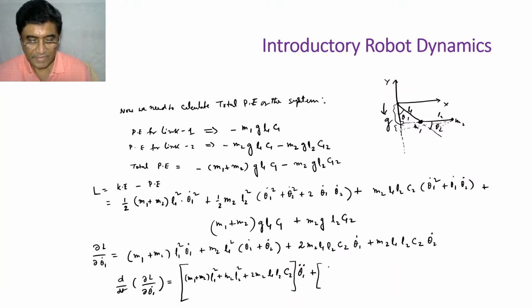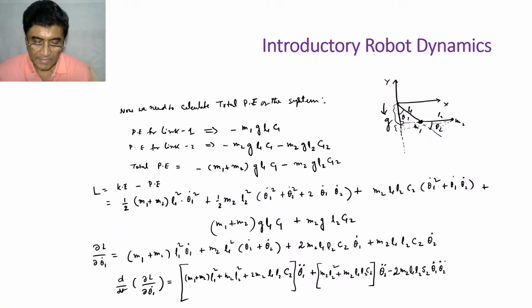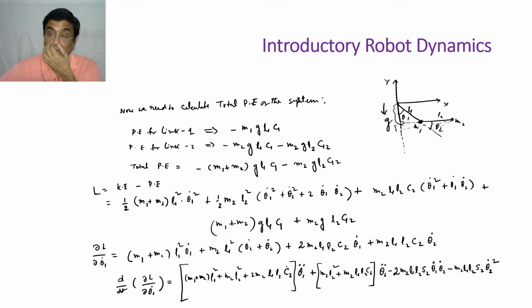Then you have m2 L2 square plus m2 L1 L2 cos theta 2, theta 2 double dot, minus twice m2 L1 L2 sine theta 2 theta 1 dot theta 2 dot, minus m2 L1 L2 sine theta 2 theta 2 dot squared.